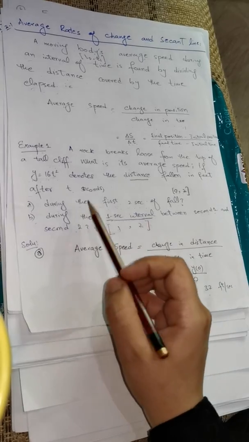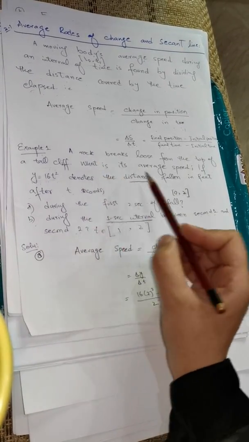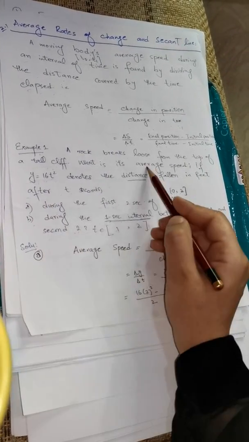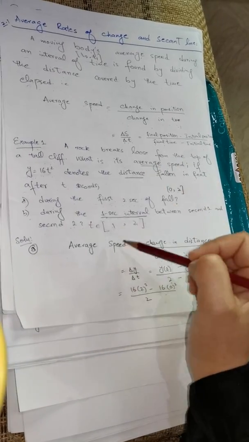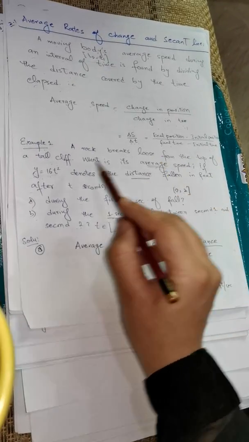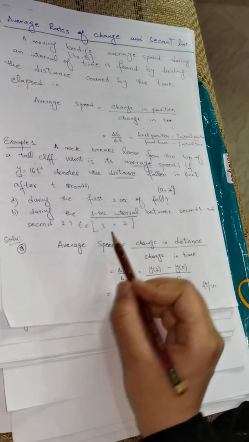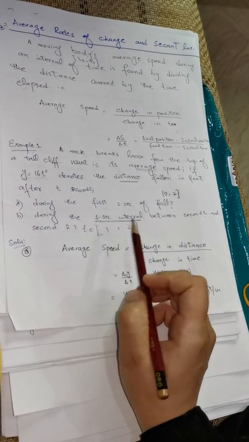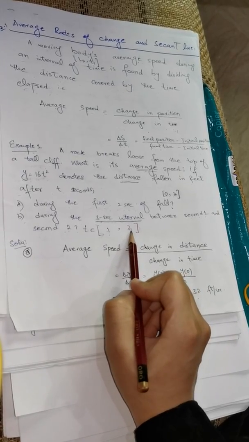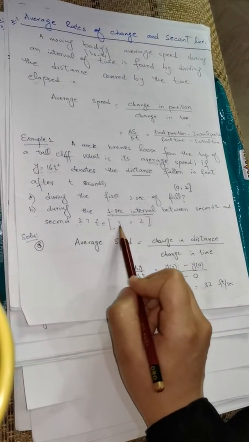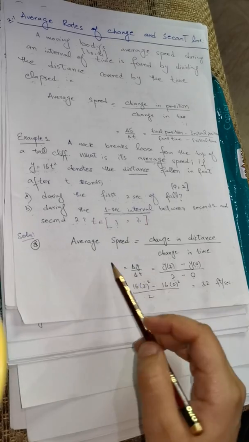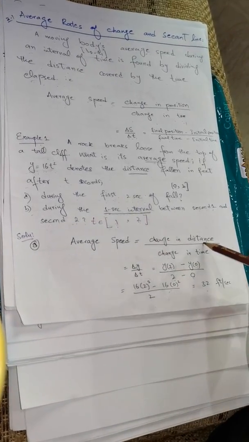Again we have to calculate the average speed. What is the average speed? Again we calculate the average speed given by the distance formula y is equal to 16 t square. Now the initial time is 1 and the final time is 2. We will use this formula again.